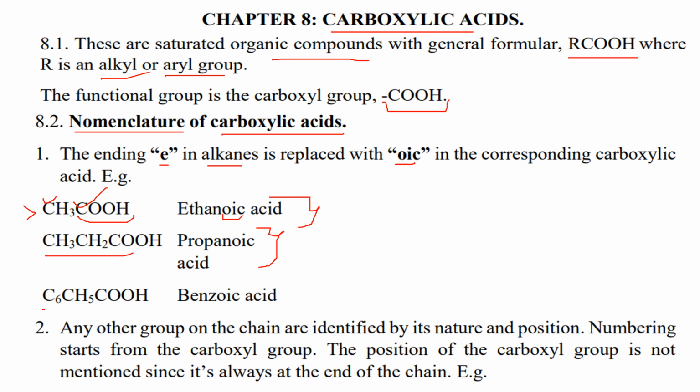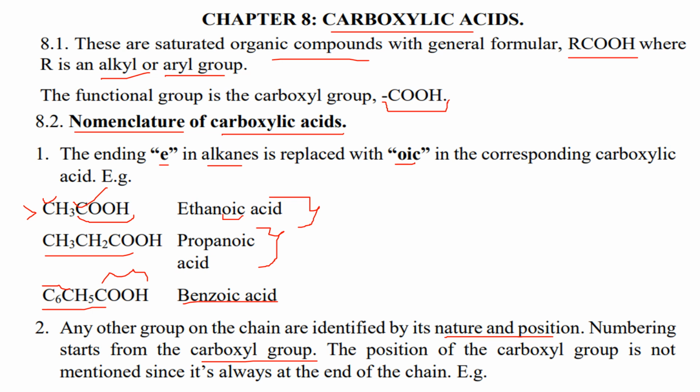And this compound, since it has a benzene ring and then a carboxyl group, is called benzoic acid. Any other group on the chain is identified by its nature and position, just like we looked at the naming in other compounds in the previous videos. Numbering starts from the carboxyl group, just like other videos, where numbering starts from the functional group.